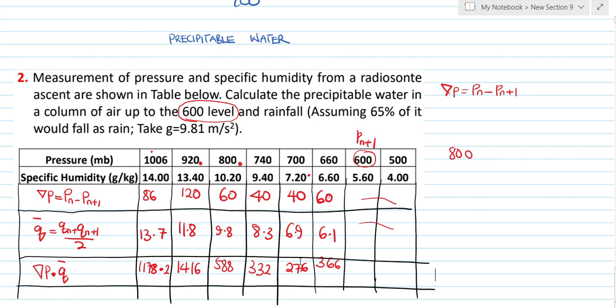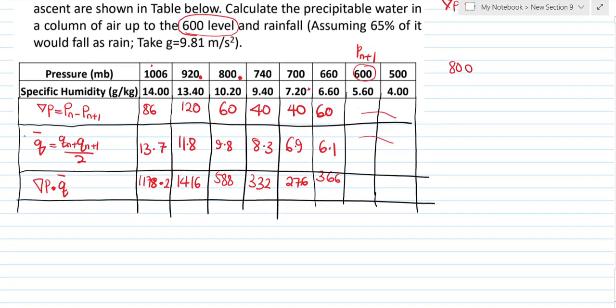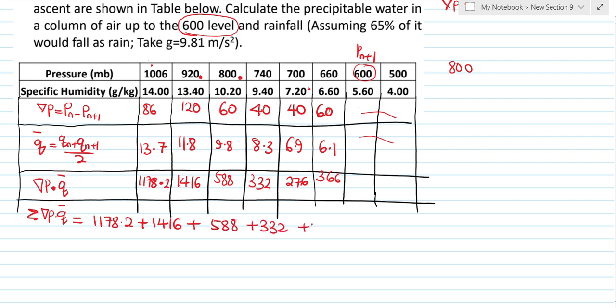Then we find the sum. We want the sum of the products, which will be equal to 1178.2 plus 1416 plus 588 plus 332 plus 276 plus 366.